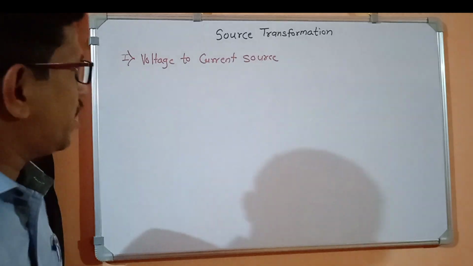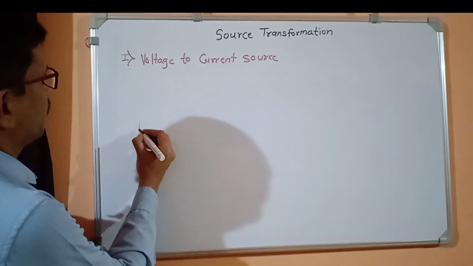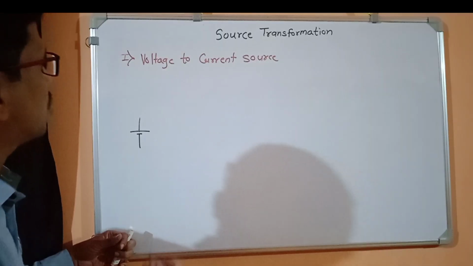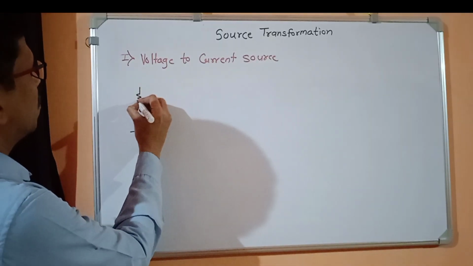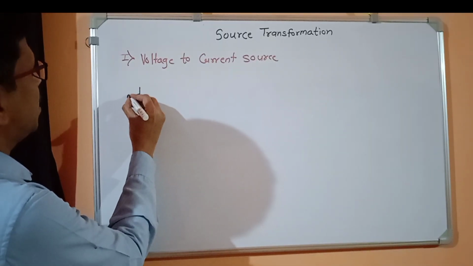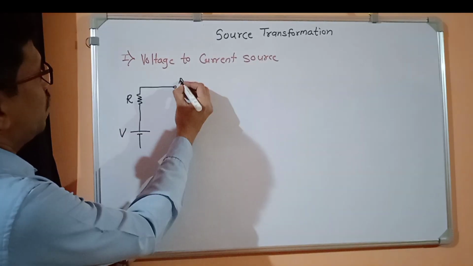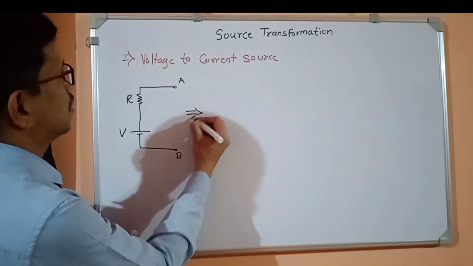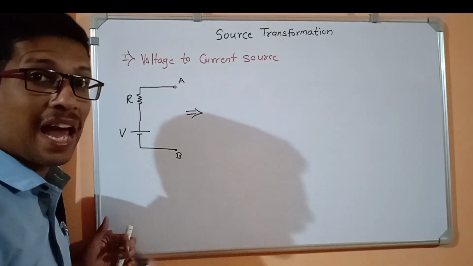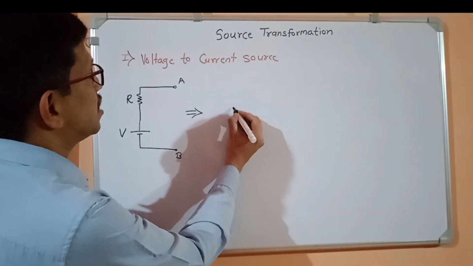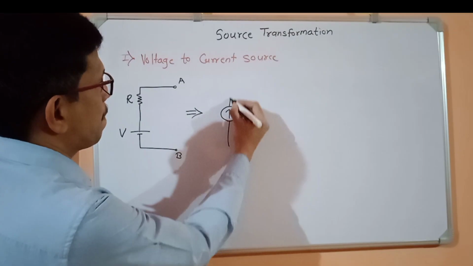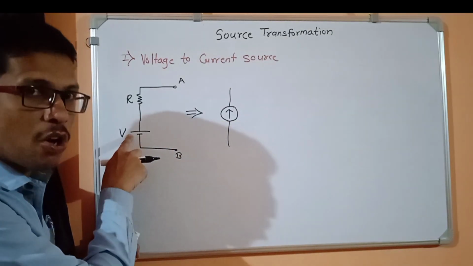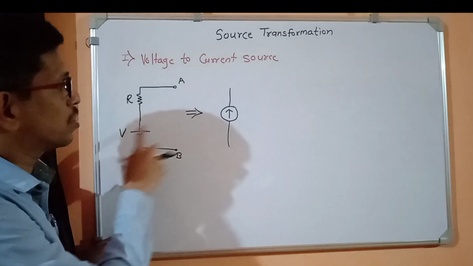Whenever any voltage source is available with any resistance in series with two terminals, then this voltage source can be converted into a current source such that the direction of the current source will be towards the positive plate of the voltage source.